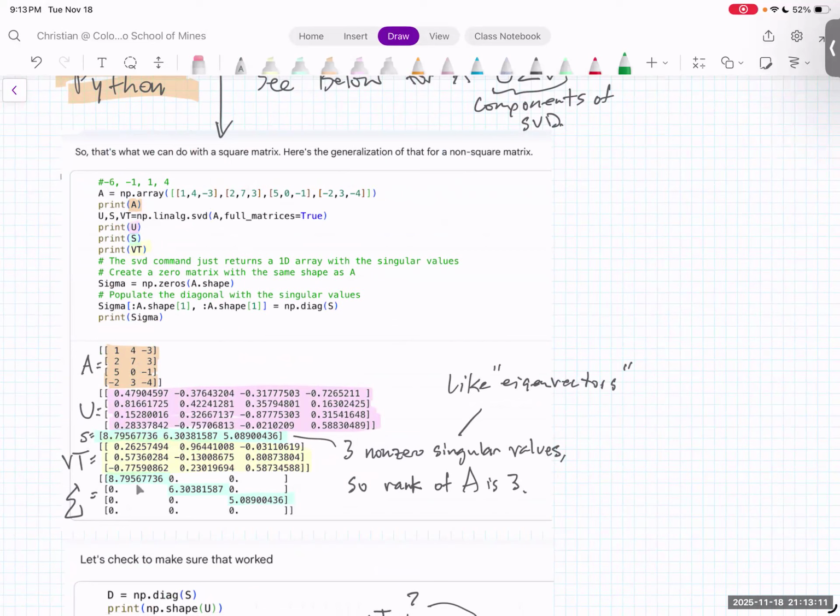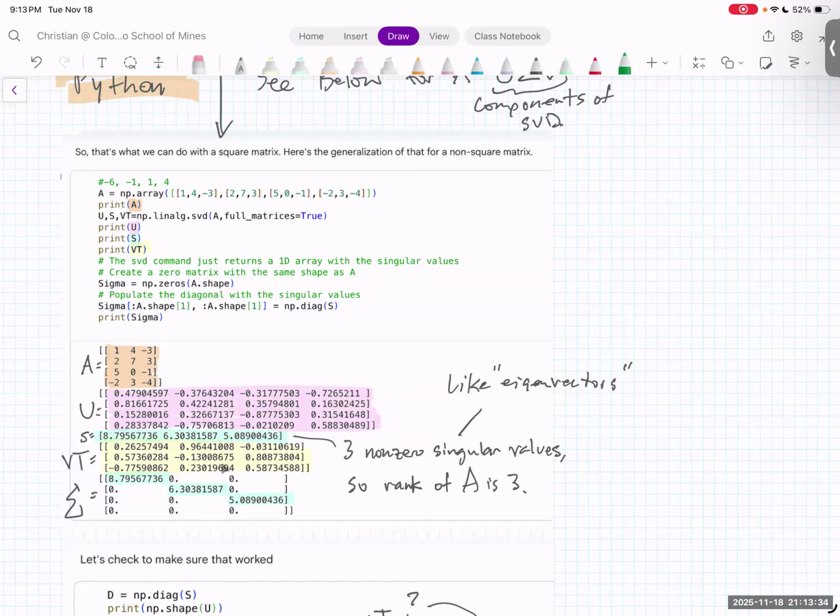So A is matrix A. U is what it is. There's not much to say there other than the columns act like eigenvectors for matrix A. Then the takeaway is S. S are the singular values of matrix A. There are 3 of them, and they're non-zero, so the rank of A is 3.